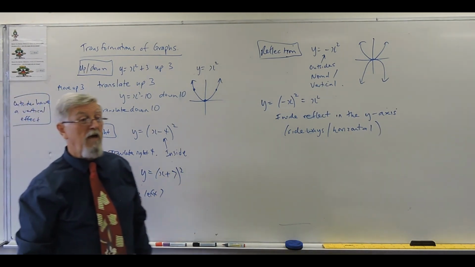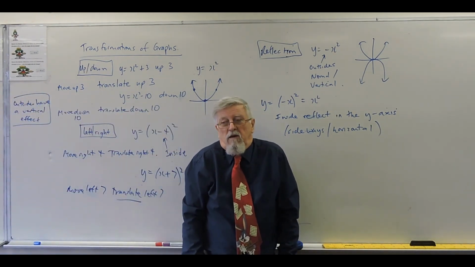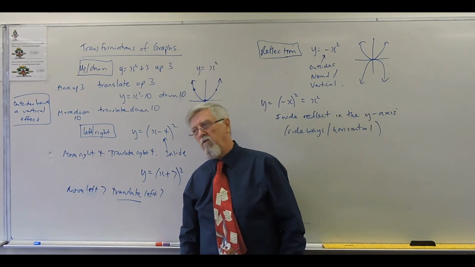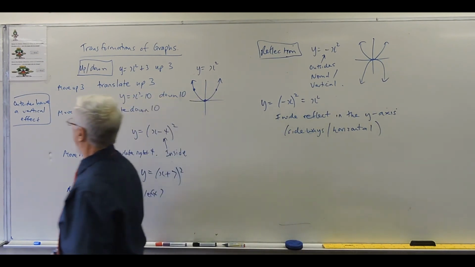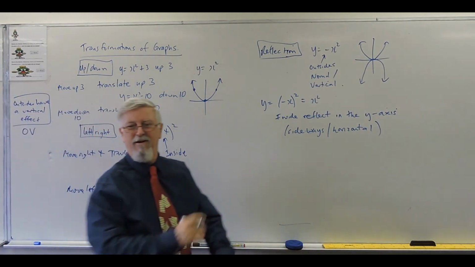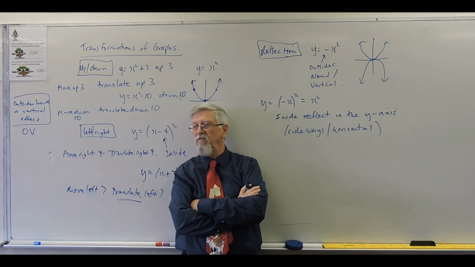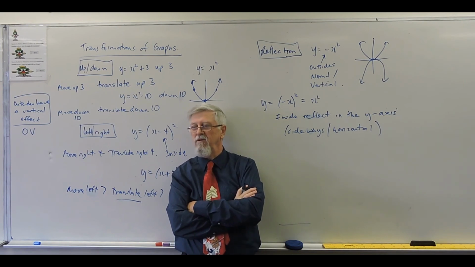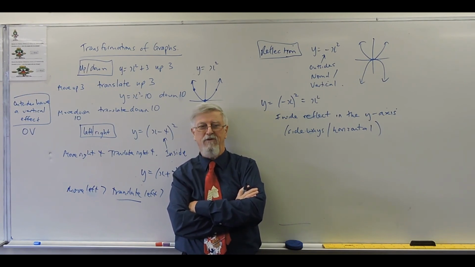Insides have a horizontal effect. I've had people that I've nagged about the words of these and they still walk in and say the wrong thing or do the opposite. Outsides are vertical. Insides are horizontal.